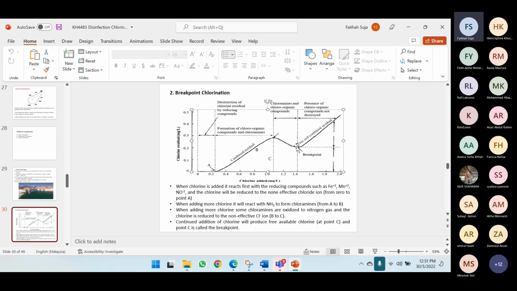You will get chlorine until the breakpoint, and then from the breakpoint you will get free and combined residual, meaning that whatever chlorine you have here is free, because when you disinfect your water, you need to have some free compounds. So from this breakpoint you have this free residual.